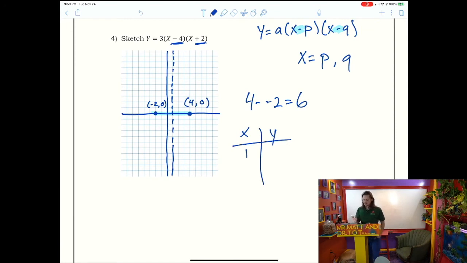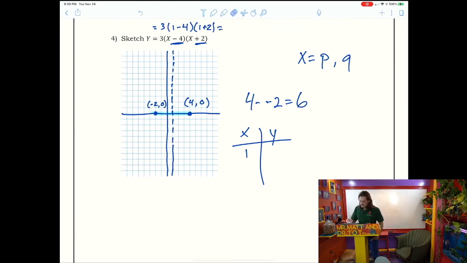So when x is equal to positive 1, I'm going to get 3 times 1 minus 4 times 1 plus 2. We're substituting 1 in for x. That's going to give me 3 times negative 3 times positive 3.